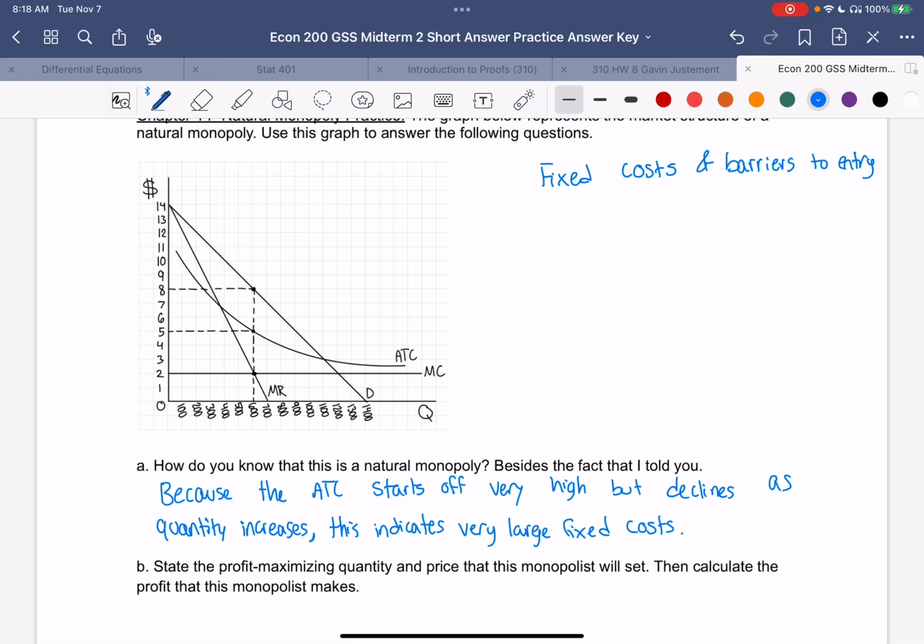Another thing that we notice is that yes, the fixed costs are very high, but the marginal costs are constant and very low. That shows the economies of scale, where if you increase production, your average total cost decreases. So also be sure to mention that we are in economies of scale. That's another characteristic.